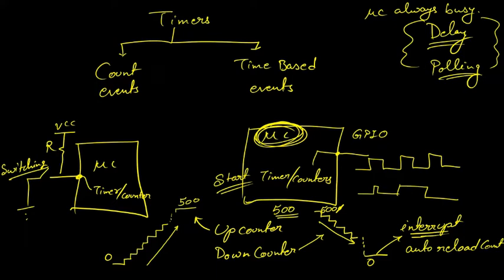Do you need to generate a particular pulse, generate an interrupt, or generate an event like making an LED high, and then after the count, at the terminal count, make the LED low? So this way we can intelligently use the timer peripheral and reduce the load on the microcontroller.